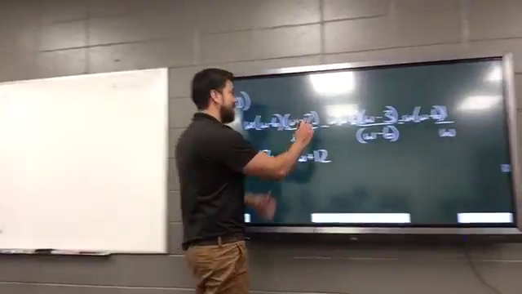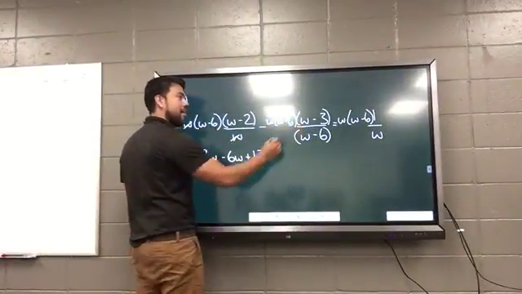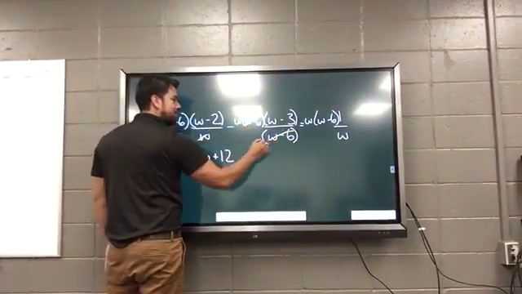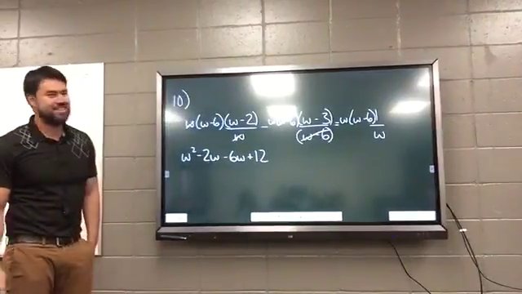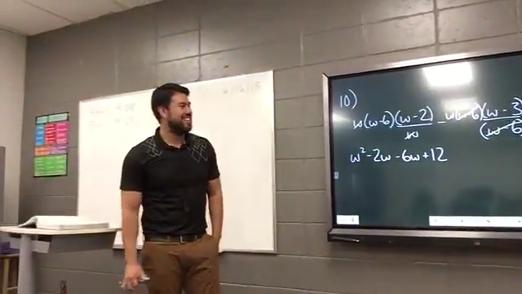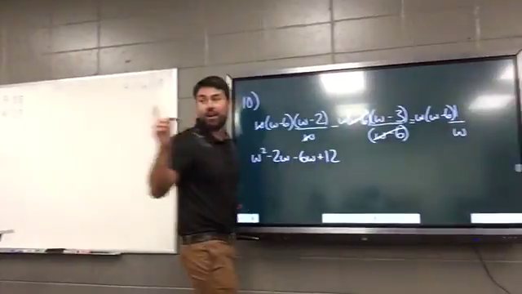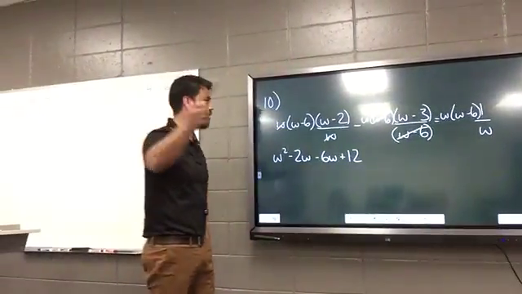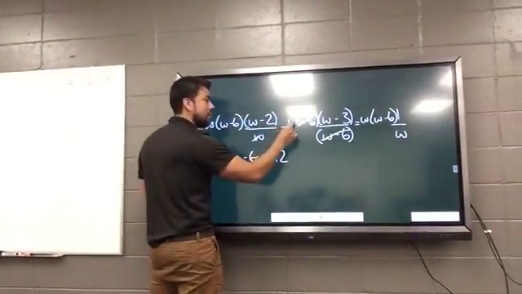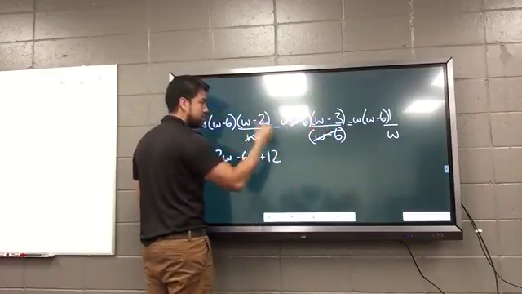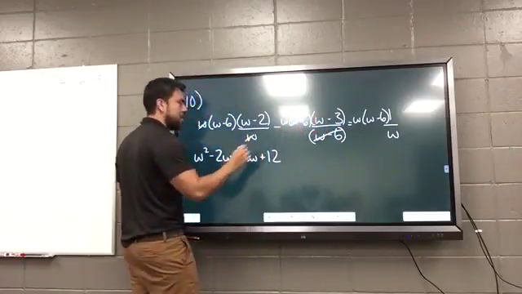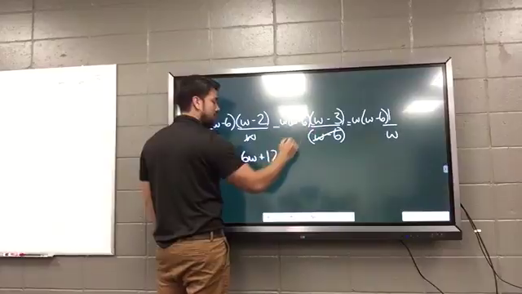Okay. What cancels out of the second one? W minus 6. Okay, now, listen carefully. Look up here. Look at this little marker here. It's negative W times W minus 3. Not just W times W minus 3. There's a difference. What's negative W times W?